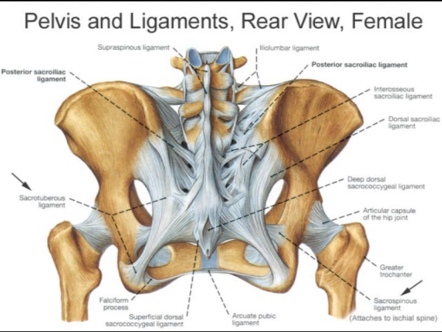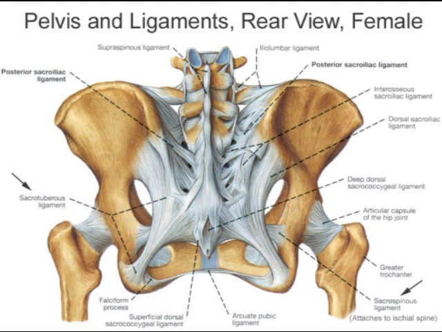Now we're going to talk about the rear view or posterior view of the pelvis and the ligaments of the pelvis for the female. Pretty much the same as a male. But the main ones you want to know about are in the very bottom right corner. You can see an arrow pointing to the sacrospinous ligament with the dotted line there.